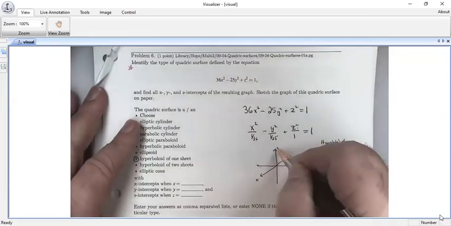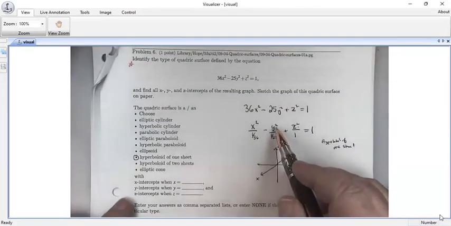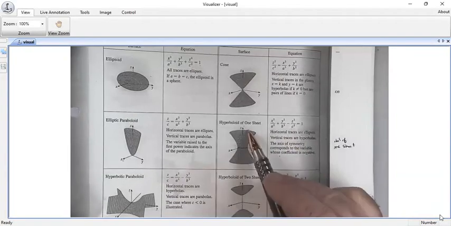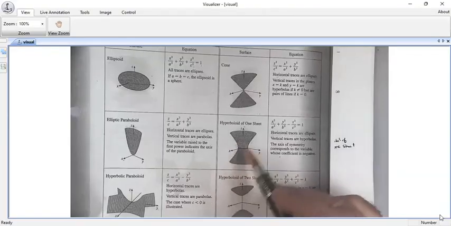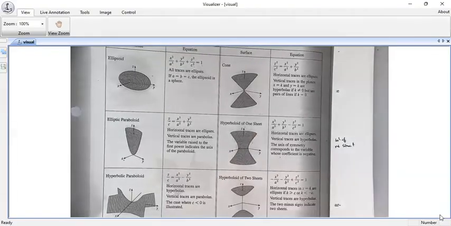I can, but you guys don't pay me enough. So the general shape of this guy is going to look like what? Well, the negative guy is where the hyperbola is going to be. Trying to describe this thing, along the axis of the negative squared term is where the hyperbola part is going to be for your hyperboloid.